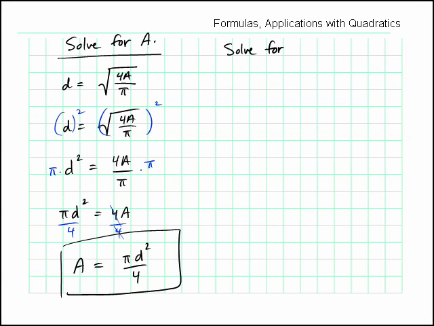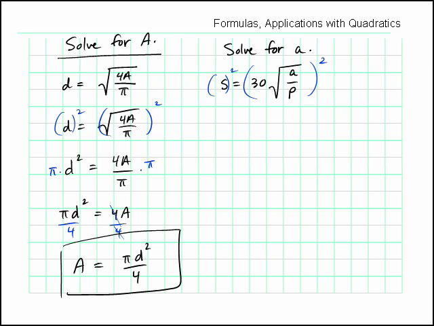Here's one similar to that. Solve for little a. S equals 30 square root a over p. So just like the last problem, I will first square both sides. Square this side and square this entire side.